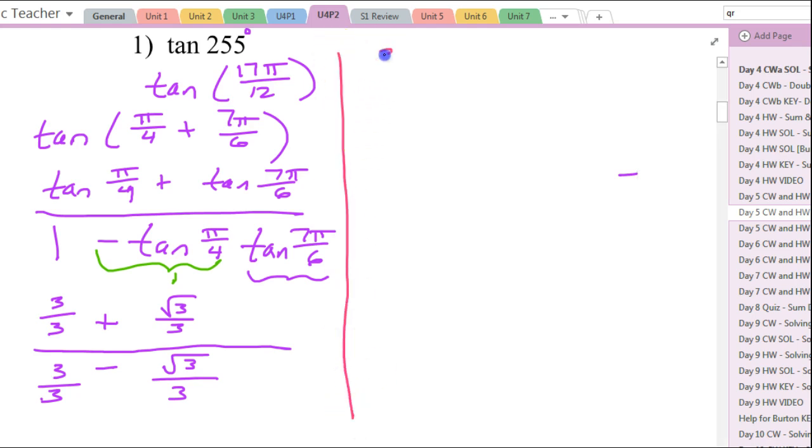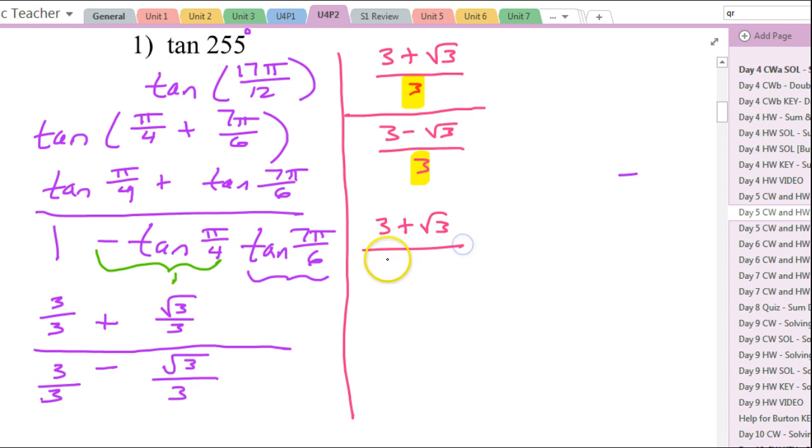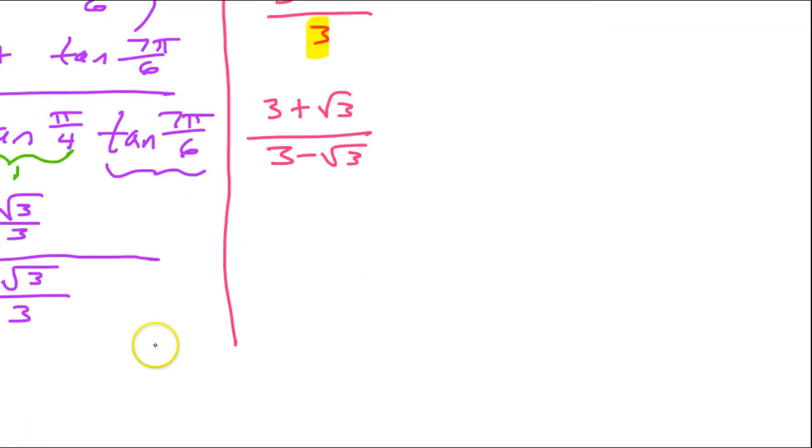So I'm going to have 3 plus radical 3 over 3 over 3 minus radical 3 over 3. Now, I'm noticing that these denominators are the same, the 3 and the 3. So I know those will just cancel out. So that's going to give me 3 plus radical 3 over 3 minus radical 3. And that is going to be your final answer.